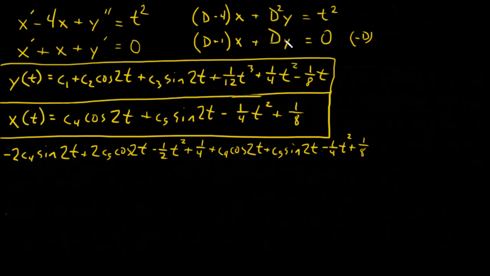Now I need to add the y. The derivative of y is going to knock out the c1 straight off. That's gone. And I'm going to have minus 2 c2 sine 2t, and then plus 2 c3 cosine 2t.